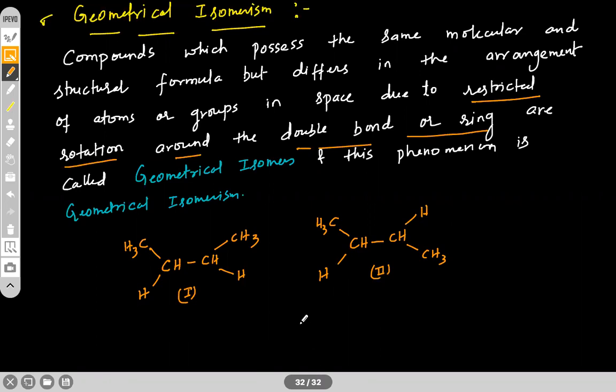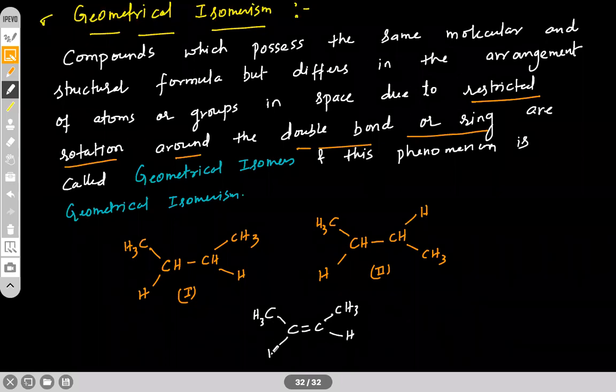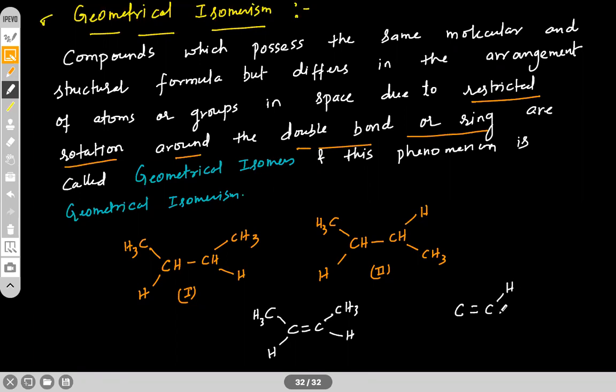One more example I'll write down. We have C double bond C with CH3 and H on each carbon, and the other one is C double bond C with the groups arranged differently.